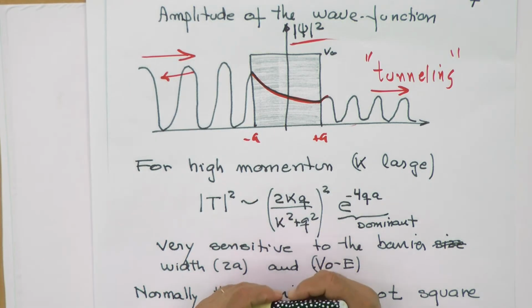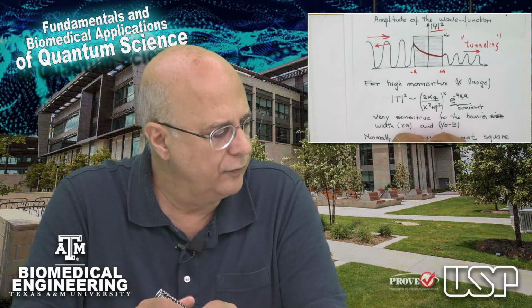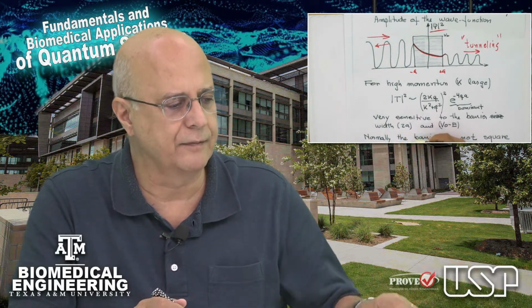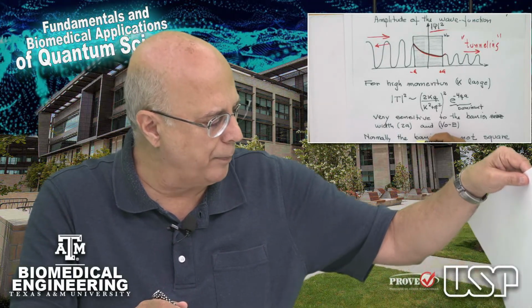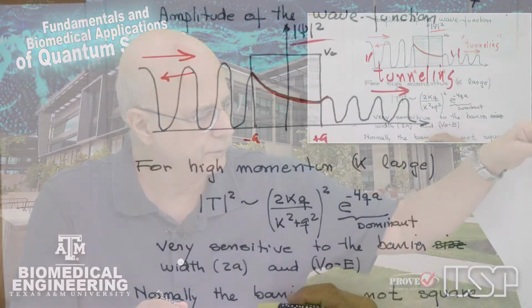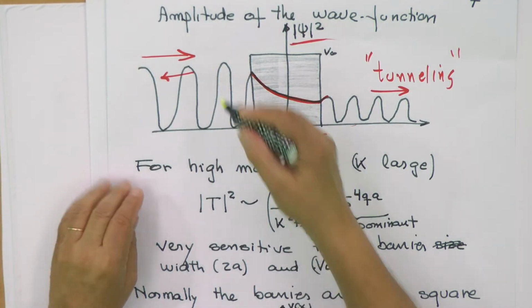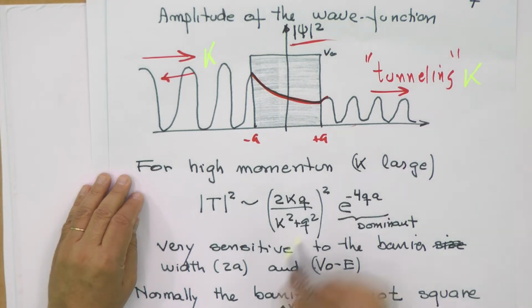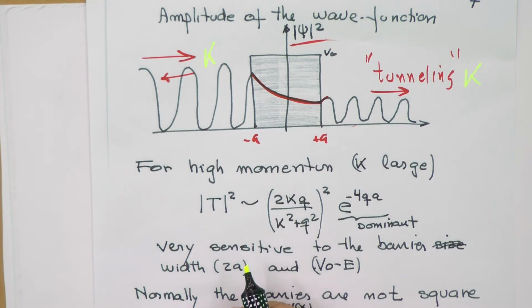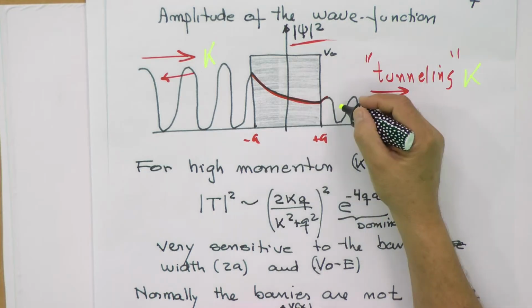Now, one thing is very interesting here. If you look at the solutions we have, the momentum of the particle here was k, and here is k again. So there was no dissipation of energy.